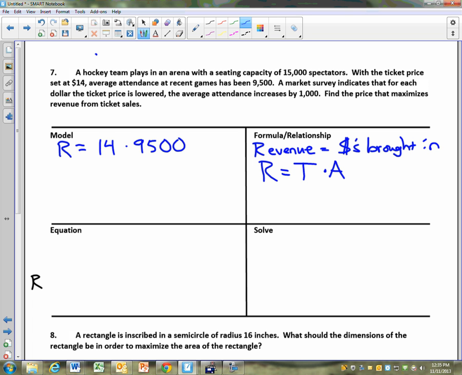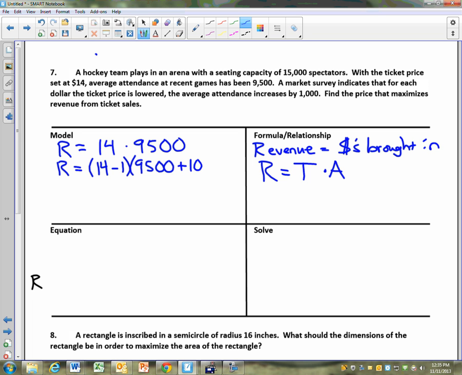Well, let's change it and see if we can understand what's happening. Now I'm going to do revenue is equal to, we're going to take 14 and subtract what? What are we lowering it by each time? $1. So I'm going to subtract $1. And then I'll have 9,500 and what?